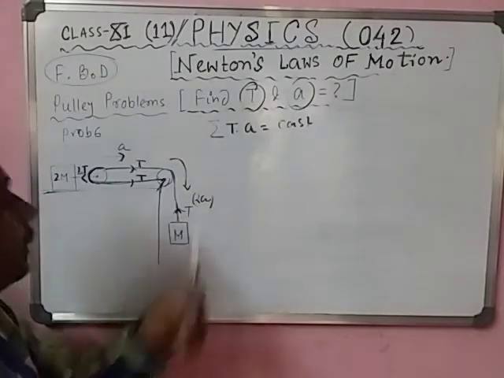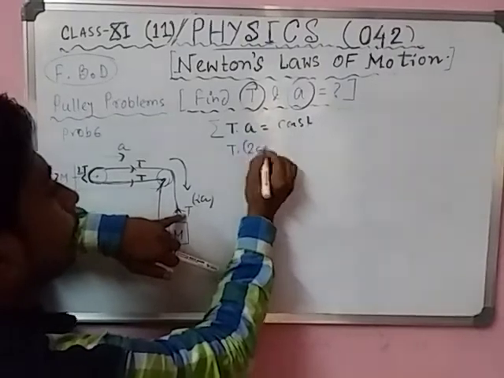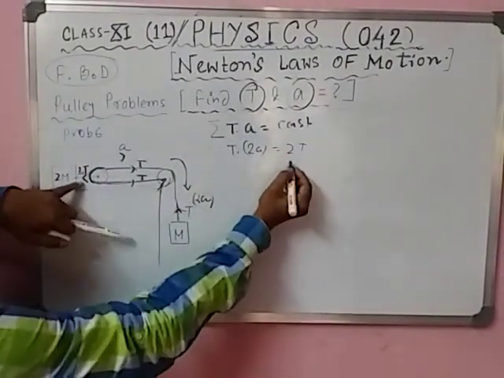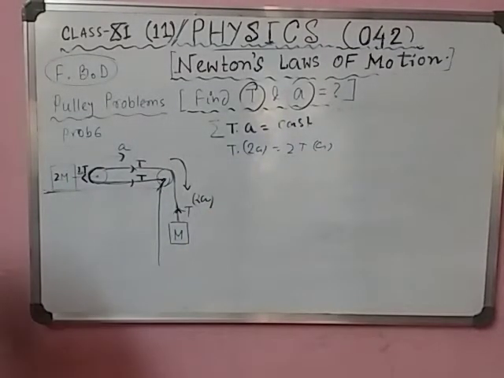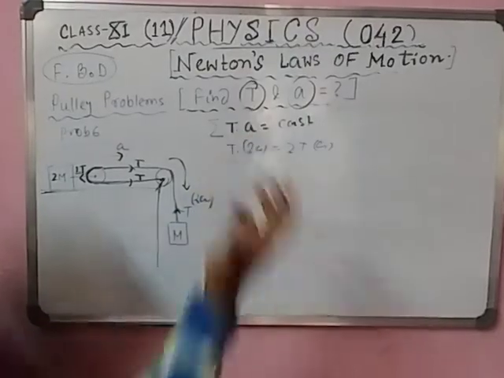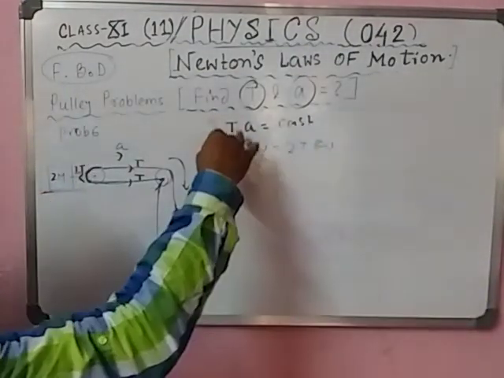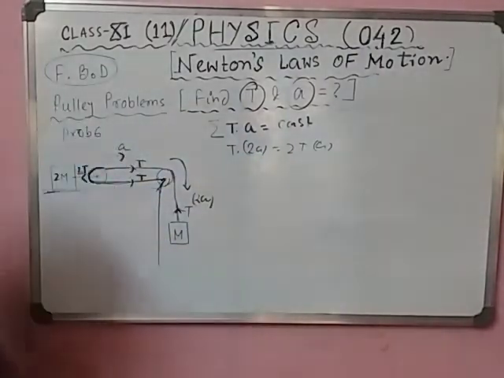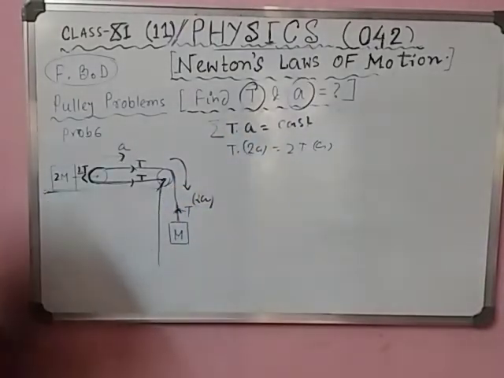For M, T into 2A, and here also, if tension is 2T, then acceleration will be A. So in both cases, the work done remains the same, because force into displacement, and acceleration is nothing but displacement with respect to time squared. Force into displacement means work done, which means energy is always conserved. So you can apply this. Okay, so if tension is 2T, then acceleration will be A.